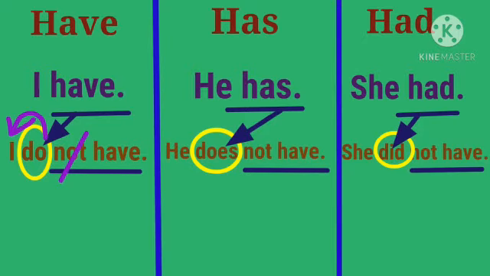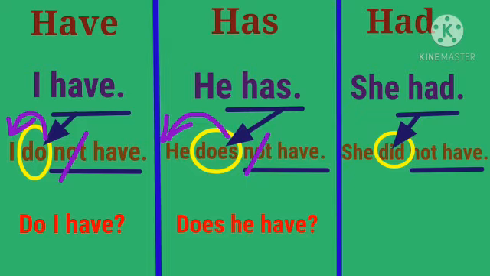Then it will be do I have. For the second one, does will come to the beginning and not will be removed. Then it is does he have. For the third one, did will follow the same process. It will come to the beginning, then not will be removed. Then it will become did she have.